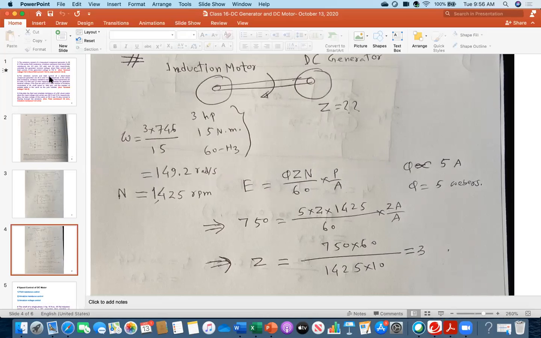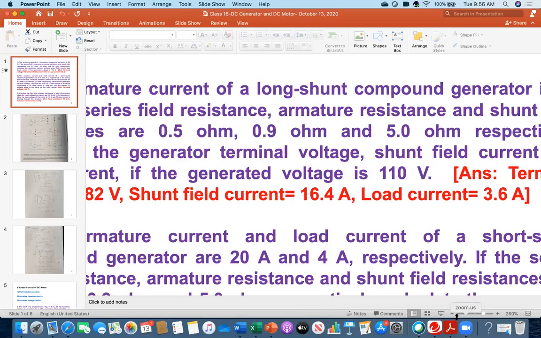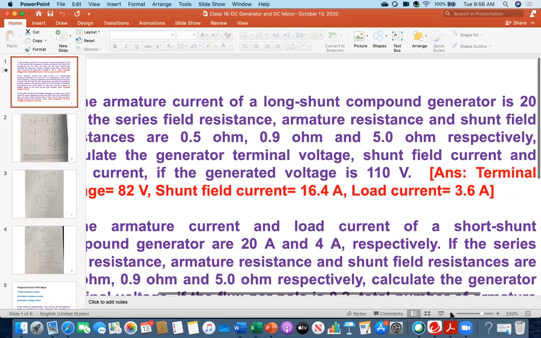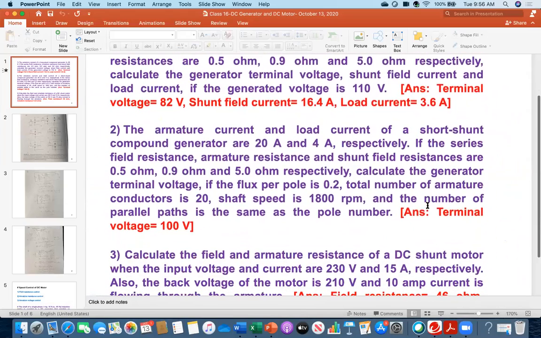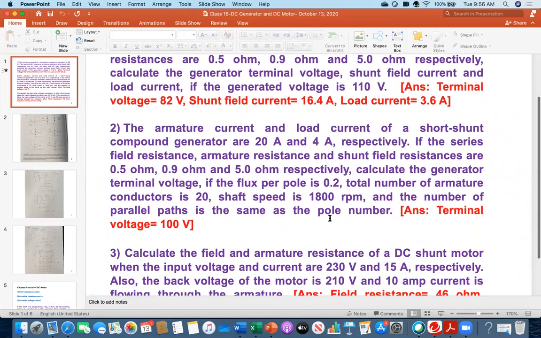So now I am going back to that problem. Okay, so you are doing number 2. Everybody see, once you write down that VT equation, terminal voltage, you see in the equation EA is missing, that you calculate from the information.